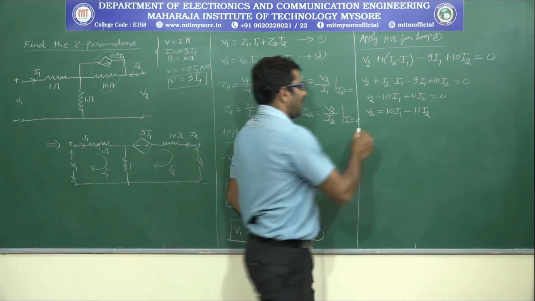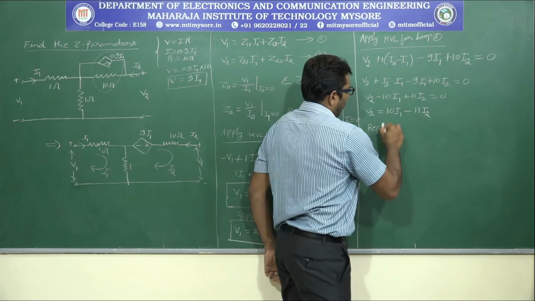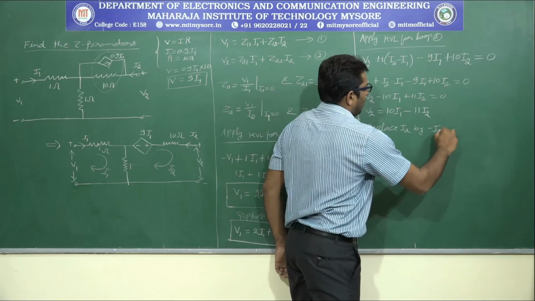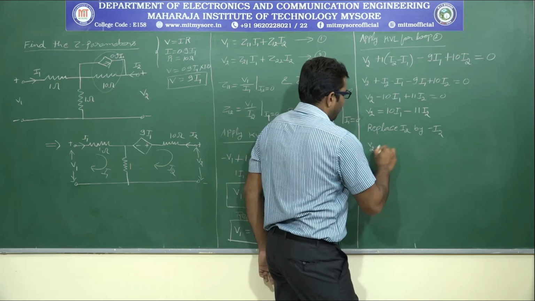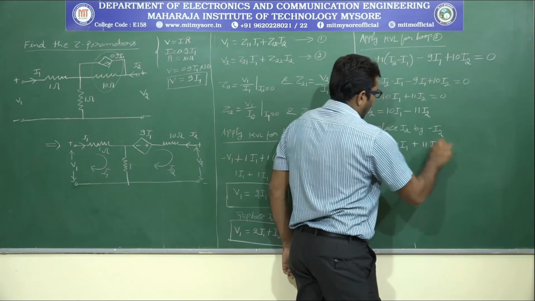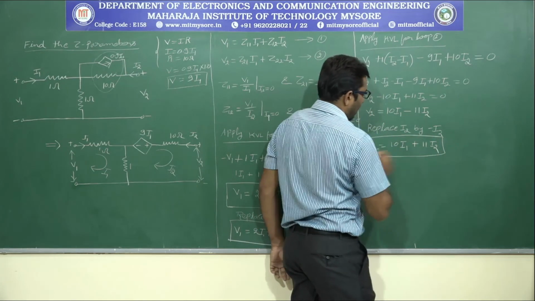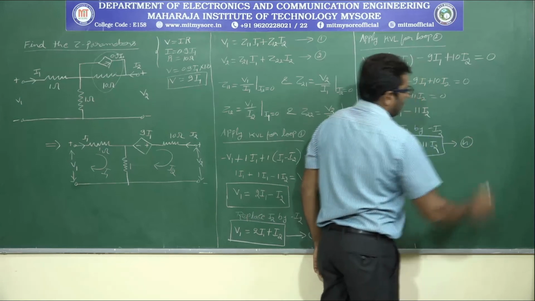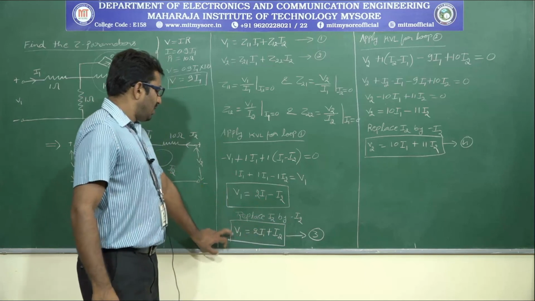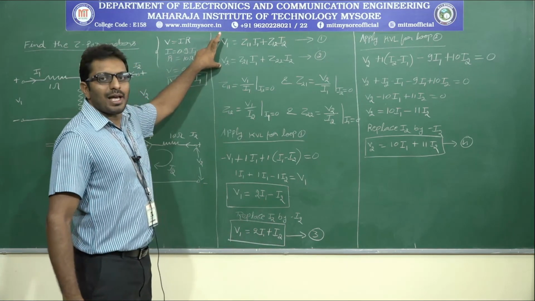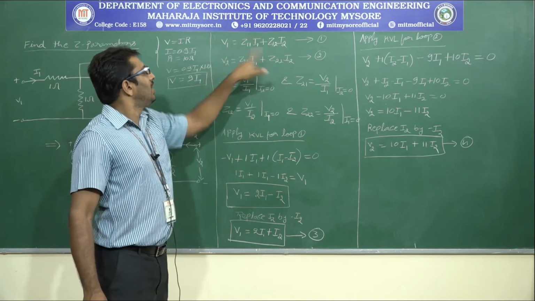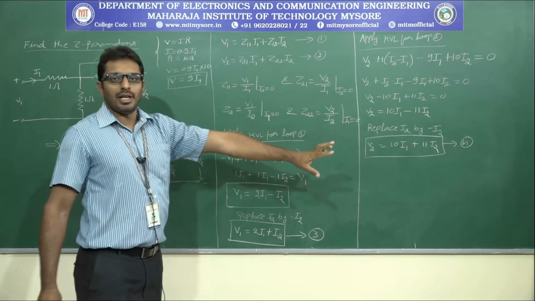Similarly, replacing I2 by minus I2, V2 is equal to 10I1 plus 11I2, and we call it equation 4. Now see, equations 3 and 4 are just like the standard form of the Z parameter equations: V1, I1, I2, and V2, I1, I2.